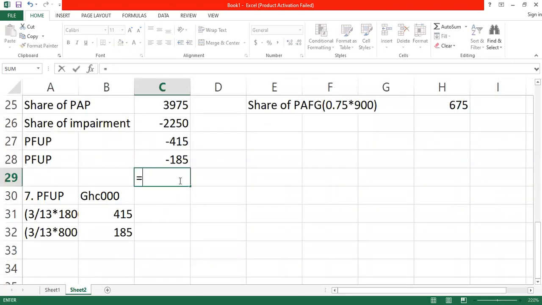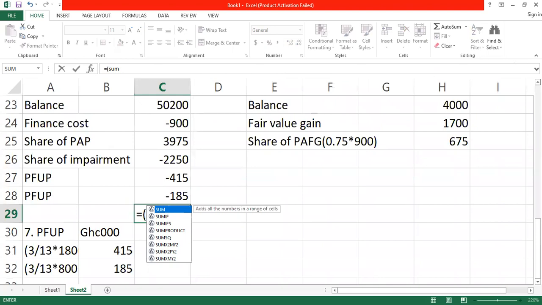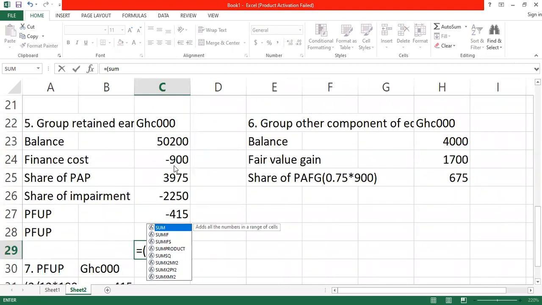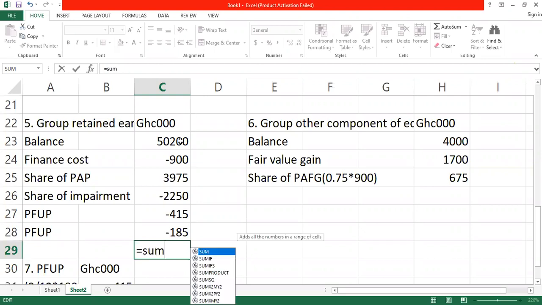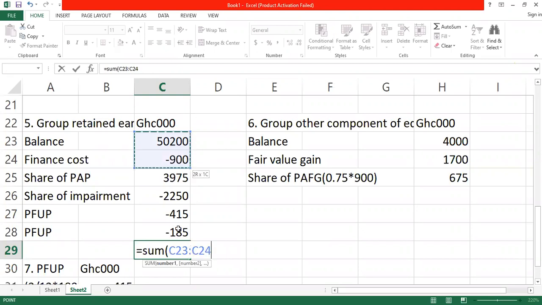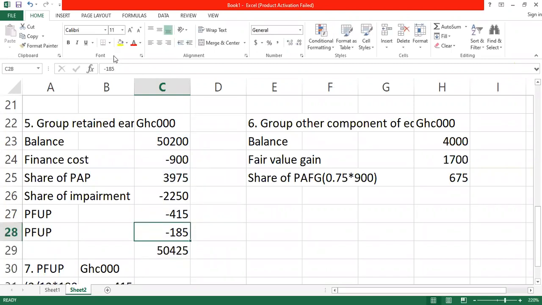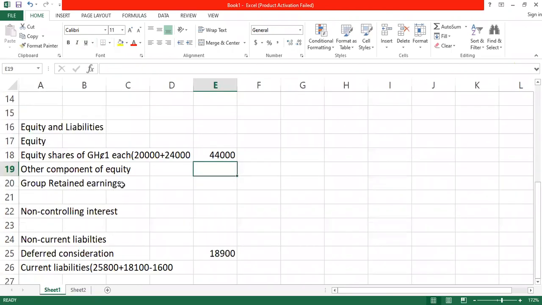So let me find the group retained earnings here. Okay, group retained earnings is 5,400. So I will just take the 5,400 and put it there. 5,425. So group retained earnings is 5,425.